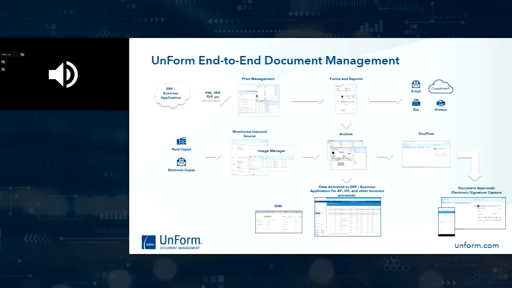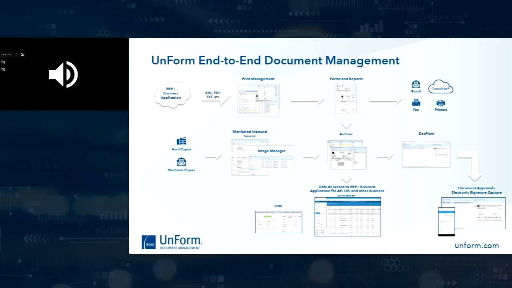And then the print management piece creates those forms and reports that you use every day, and then they can be emailed, they can be sent to printers, and if you still need it, we can still interface with fax so that you can fax the stuff. The archive is where we store documents for retrieval. It's our repository, and as documents come through print management, they're automatically archived, so you don't have to do anything to get them into the archive.